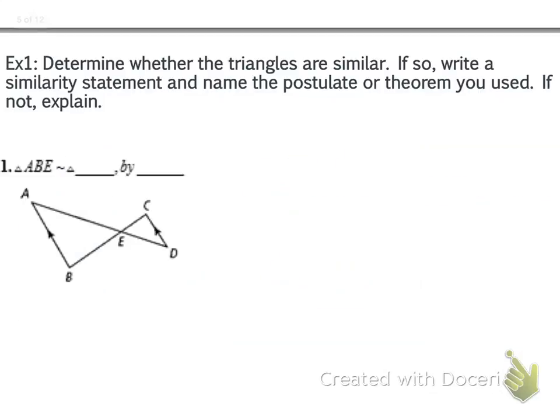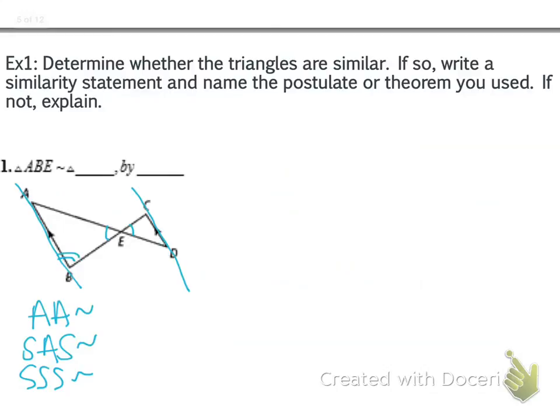So my first one, my options are angle, angle, and side, side, side. So if I do this, first off, is there anything else that's congruent in this? Well, our vertical angles are congruent. It also looks like we have parallel lines. Whenever we have parallel lines, we have alternate interior angles or we have corresponding angles. So here are my parallel lines, which means my transversal will make alternate interior angles.